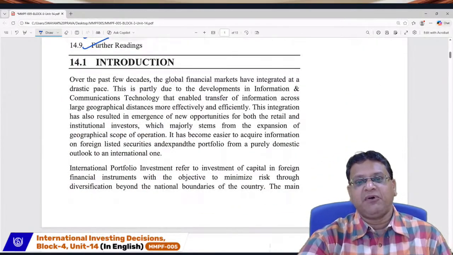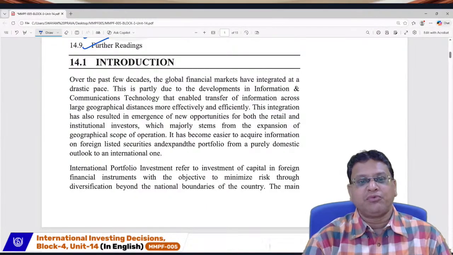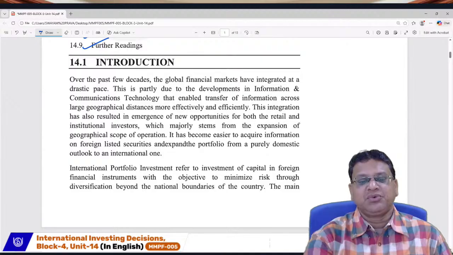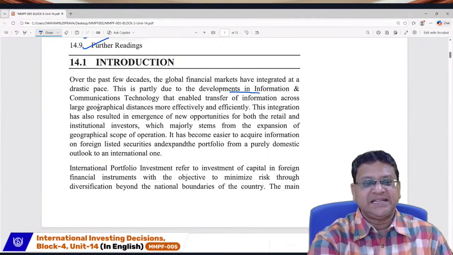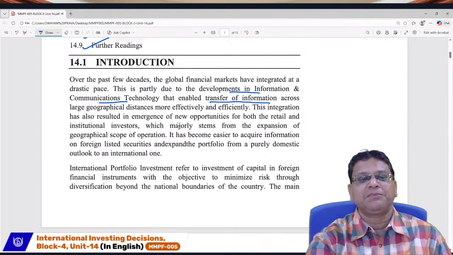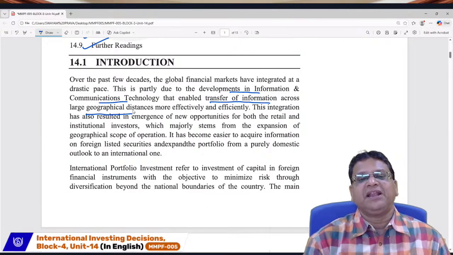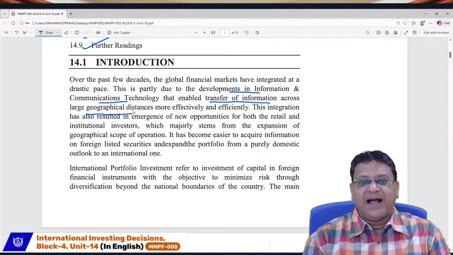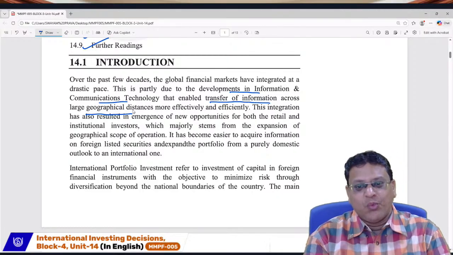Friends, the integration of the global financial market has taken place throughout the world due to the development in ICT, information and communication technology. With the development of information and communication technology, it has enabled transfer of information across large geographical areas. Across different countries, we can communicate within fractions of seconds, and all the markets of the world have been integrated and have become one.